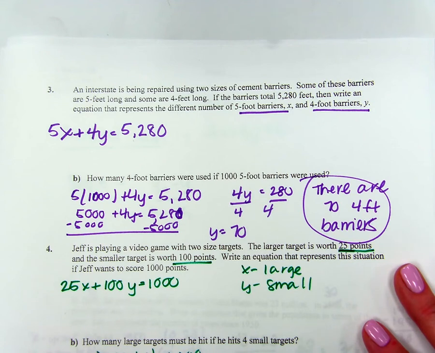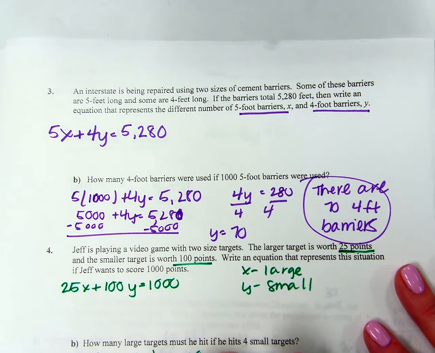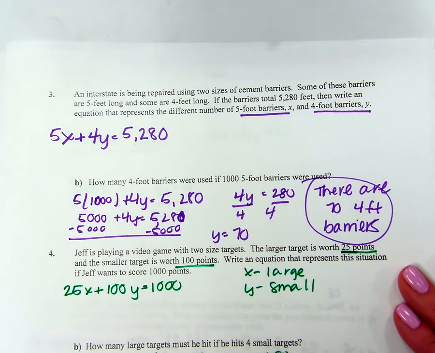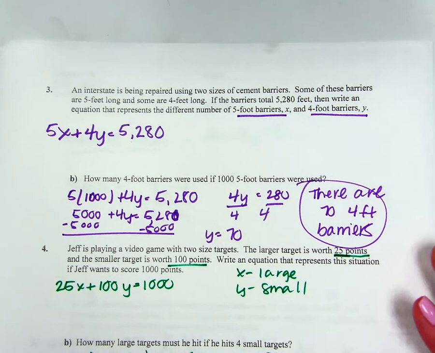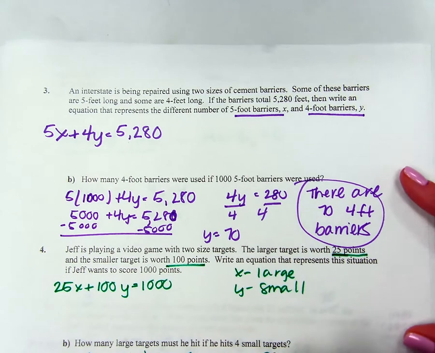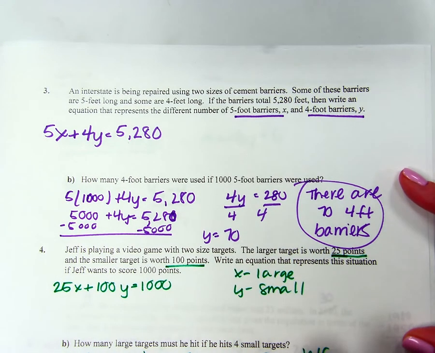So I have 25x equals 600. So x equals 24. So he must hit 24 large targets.